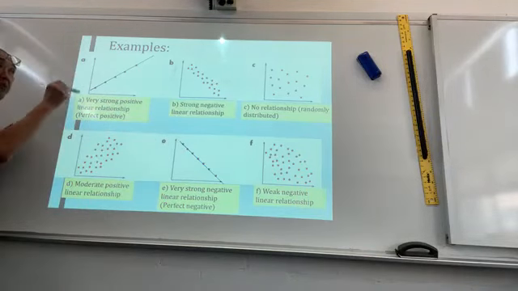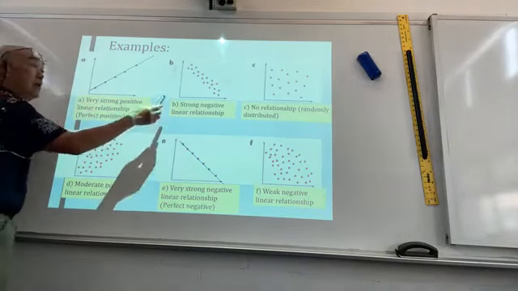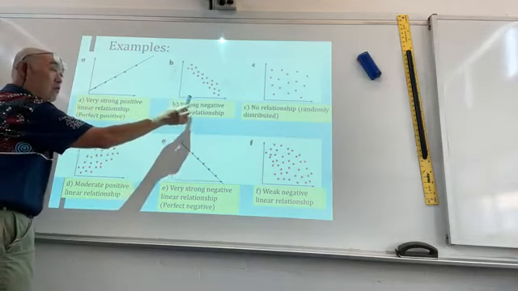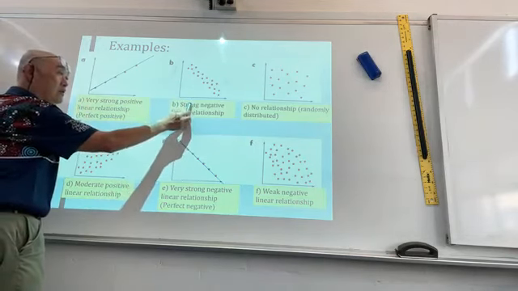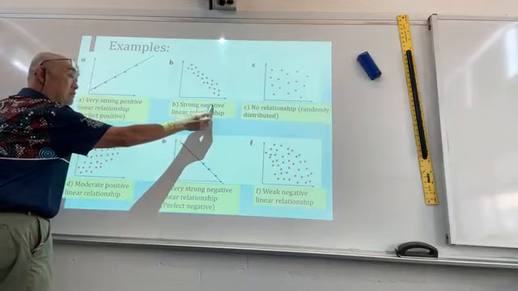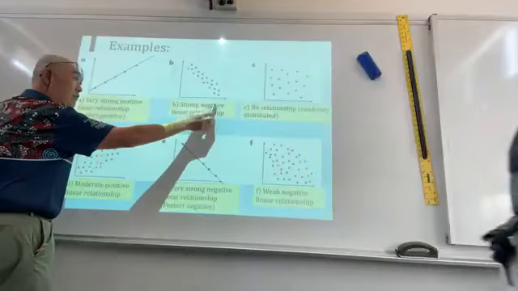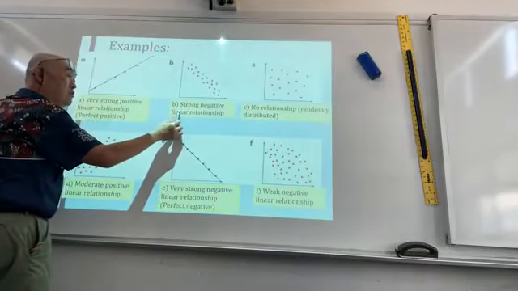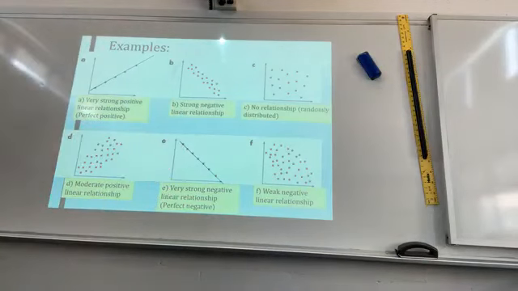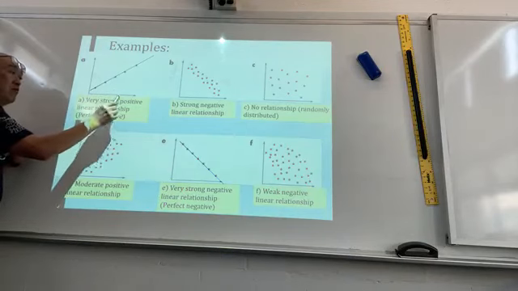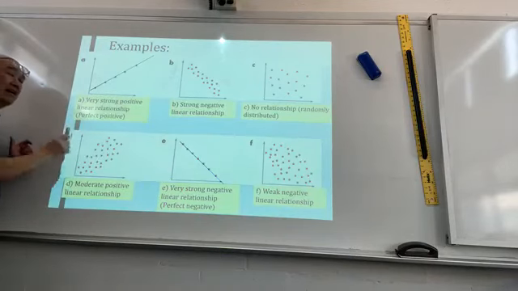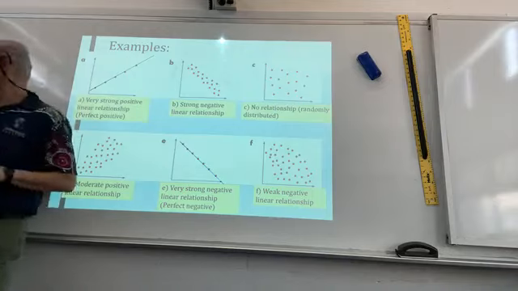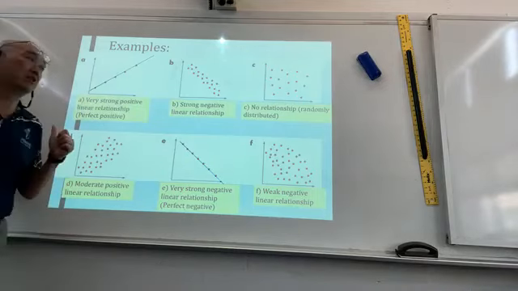So when you are asked to describe whether it's strong or weak or moderate, describe the direction. All right, it's negative, not positive, and then describe the form, which is linear. All right, describe three things: strong, positive, linear. All right, the form, the direction, and the strength. That's important.